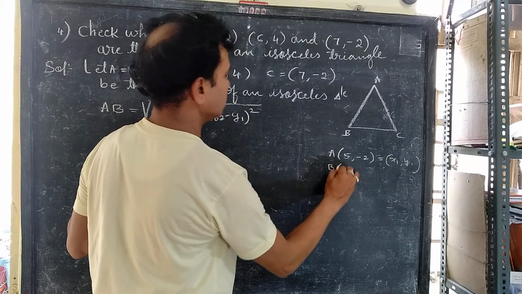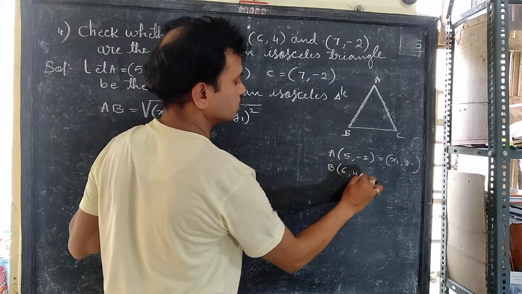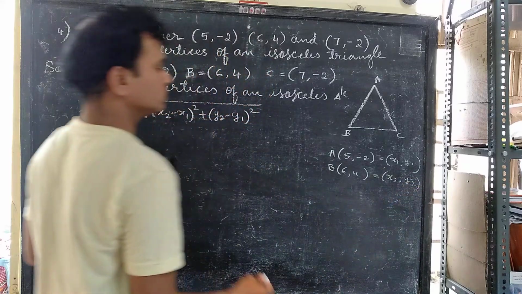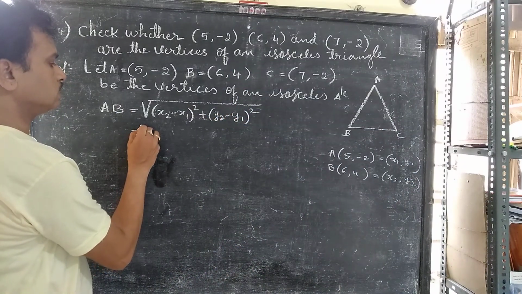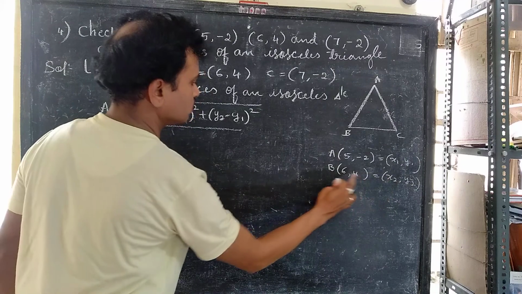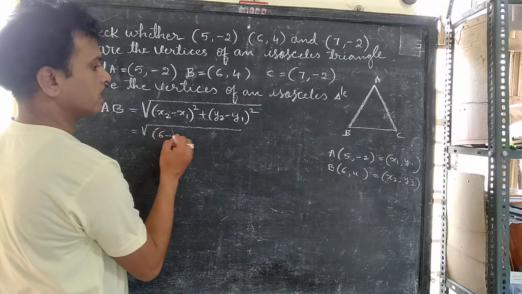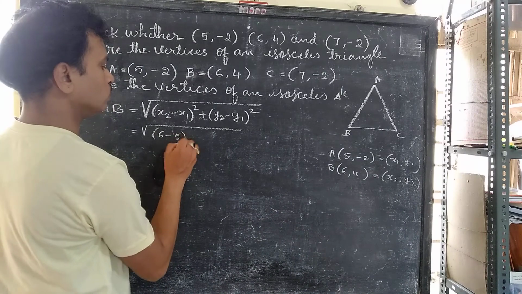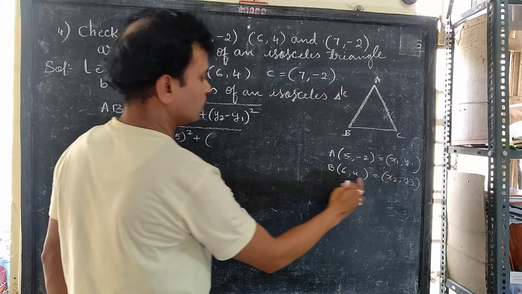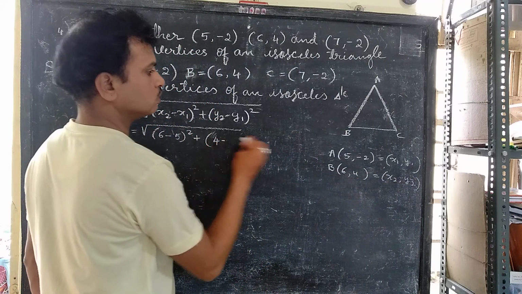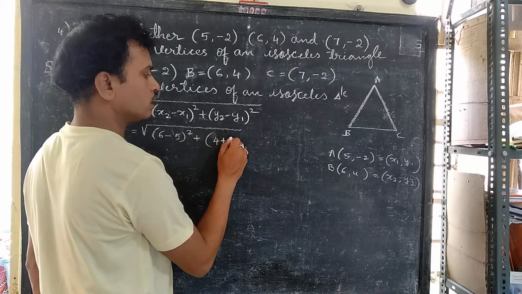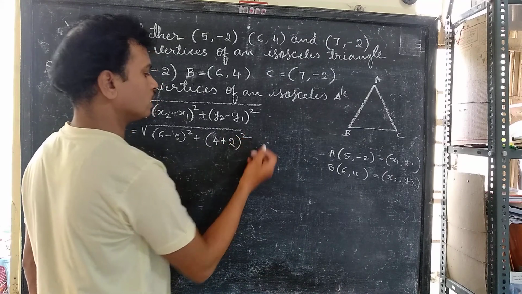Then point B (6, 4) is x2, y2. So AB = square root of (x2 - x1) whole square, x2 is 6, 6 minus x1 which is 5, whole square, plus y2 which is 4, minus y1 which is -2. Here minus is already there, so minus into minus becomes plus 2, whole square.